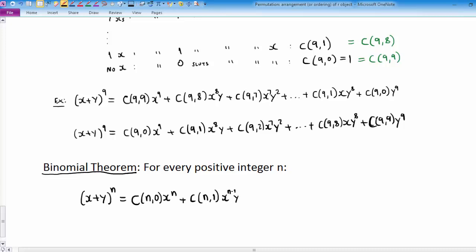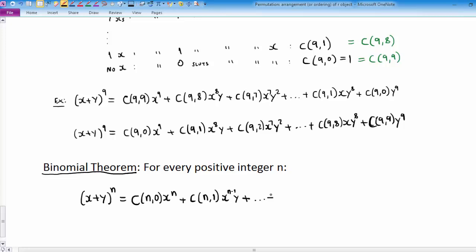Since we have n, each term will have n factors. If all of them are x's, then we have this number of them, which is 1. Combination of n, 0 is always 1. And the number of terms that will have n minus 1 factors of x and 1 factor of y would be this number.